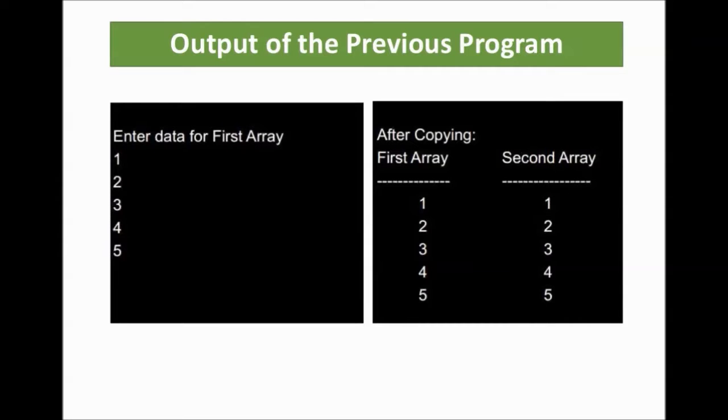For example, when it asks us to enter data for the first array, we enter 1 2 3 4 5. Then it shows us the values of the second array and first array after copying, that is 1 2 3 4 5 in the first array, and similarly these 1 2 3 4 5 are copied into the second array at the same index values.